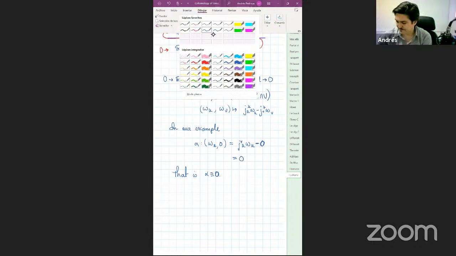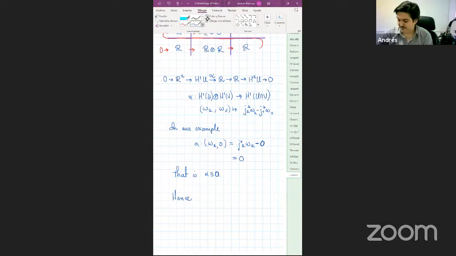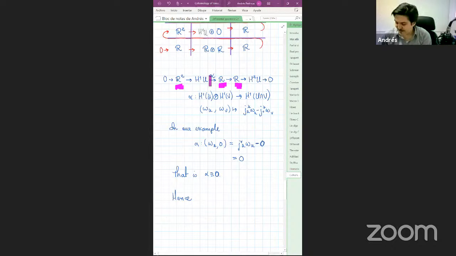Okay, so again, in the exact sequence, I don't have zeros. But now I have a map that is 0. Right? So the map alpha is 0.